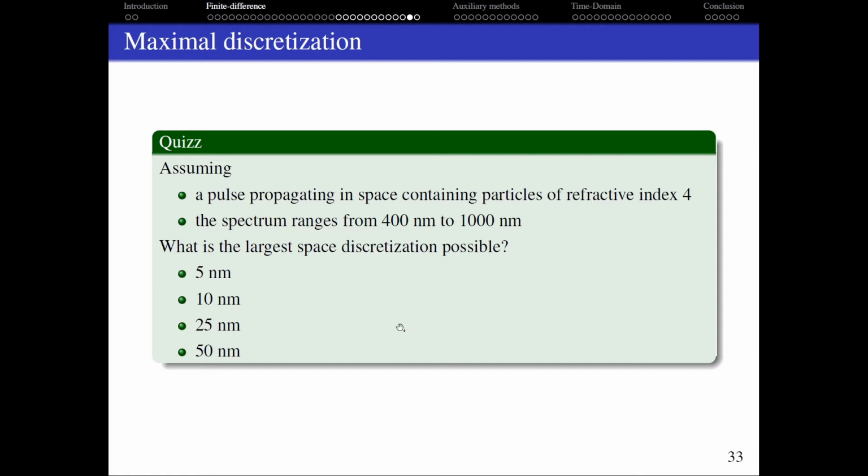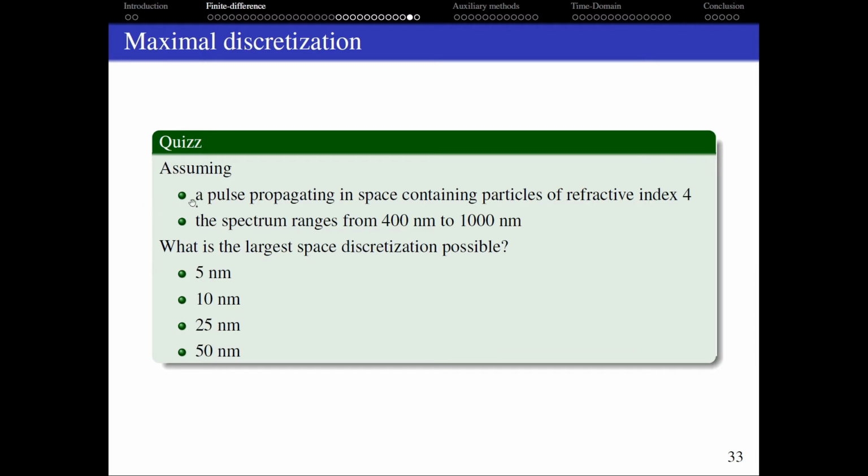Now, what again is the maximal discretization? We have something different in here. So before we looked at that for free space, but in this case we are going to assume that we have particles in our grid that have a refractive index of 4.